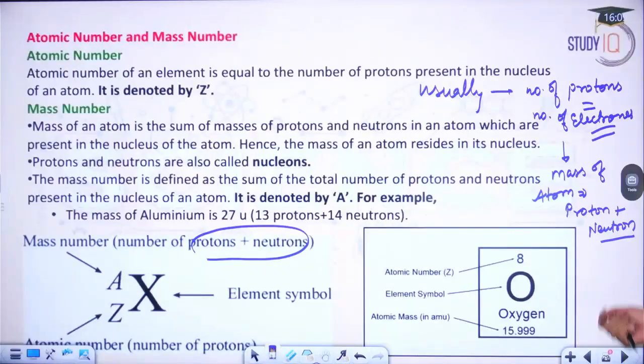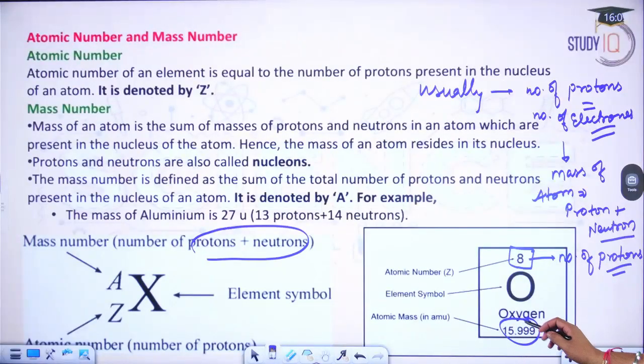Okay. For example, this is oxygen. Atomic number is 8. That is fixed. 8 is also the number of protons. Then the mass is 16. Mass is 16, right?